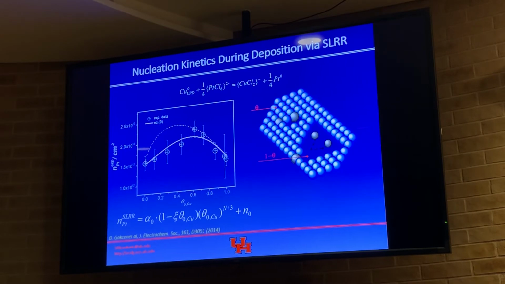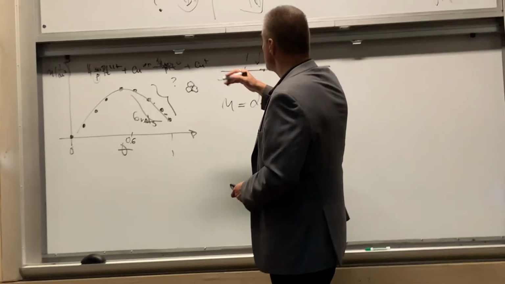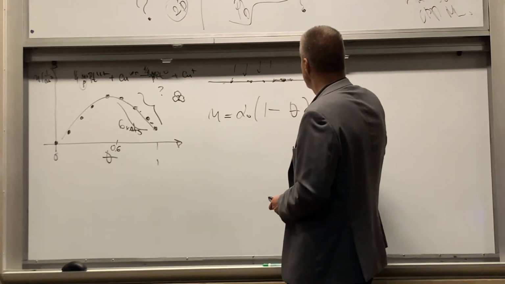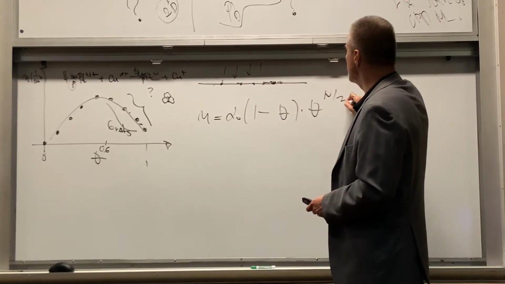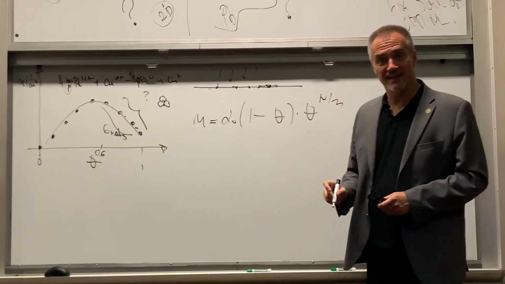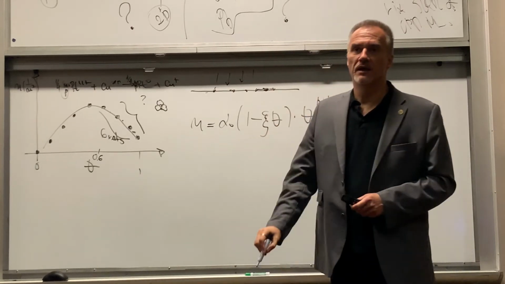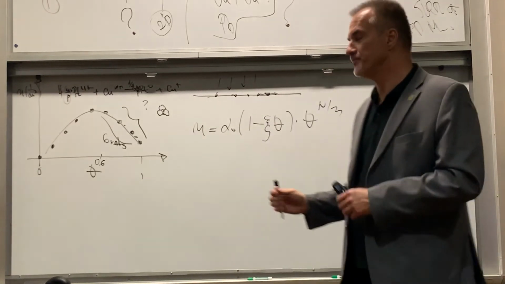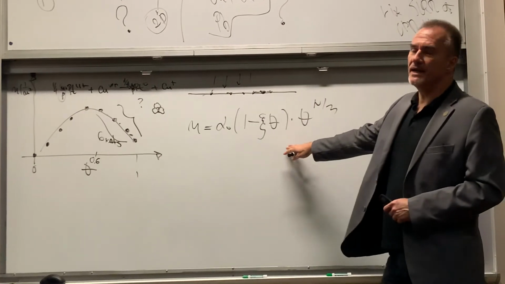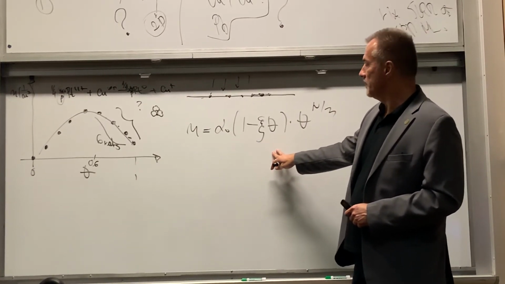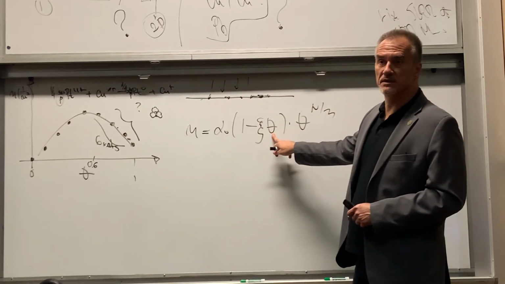And that's why the model, as you can see, is equal to some alpha constant, which I already described, times (1 minus theta) times theta to the n over 3. Now here, before this theta, there will be a certain constant, psi. And this constant by default is some finite tiny probability of nucleation for the situation when theta is equal to 1.